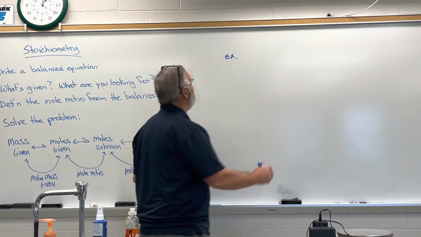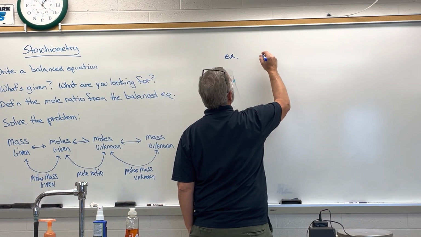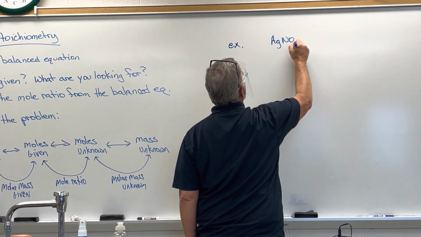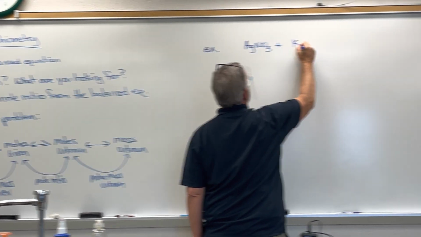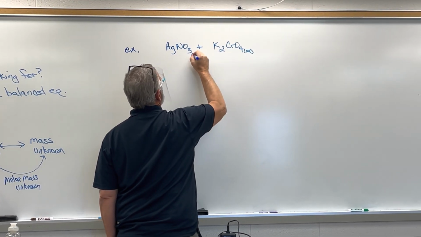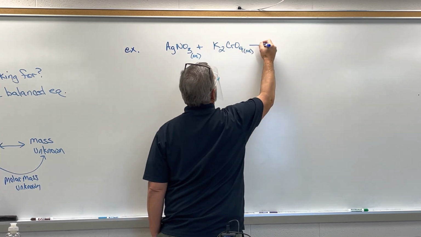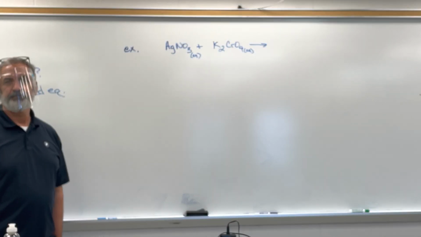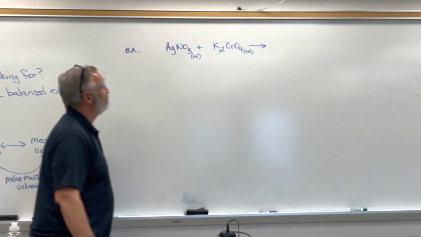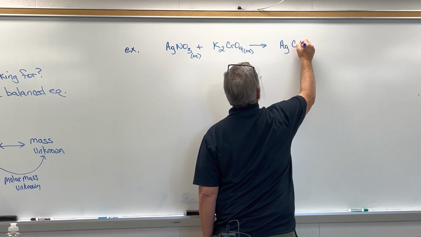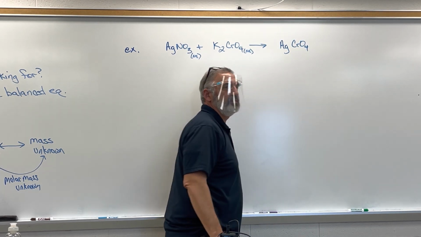Okay, so let's look at then the equation, the reaction of silver nitrate plus potassium chromate. 2 solutions that mix. So what's it going to make? AgCrO4, but what do we have to make sure we do?